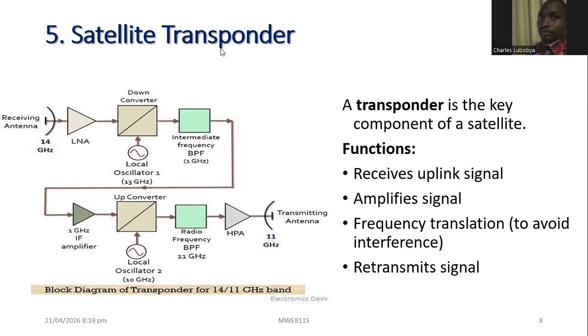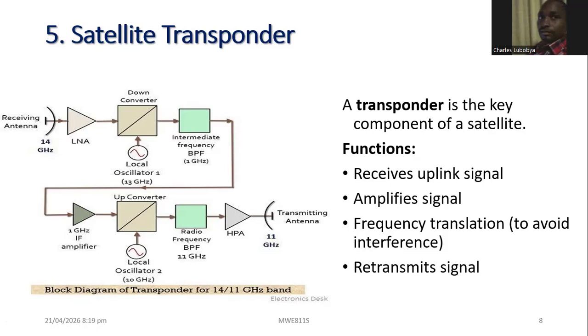This 1 gigahertz passes through the band pass filter. What comes out of here is essentially the 1 gigahertz. And this will also go through an up converter, where it mixes with another signal from the local oscillator. In this case, you have 1 gigahertz getting into the up converter, and it mixes with another local oscillator signal of 10 gigahertz.